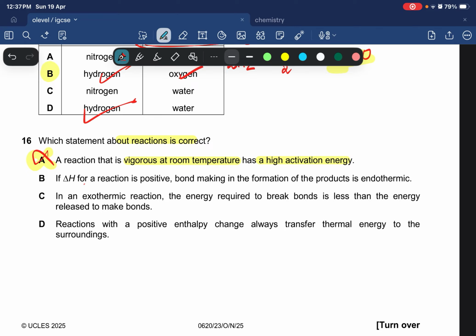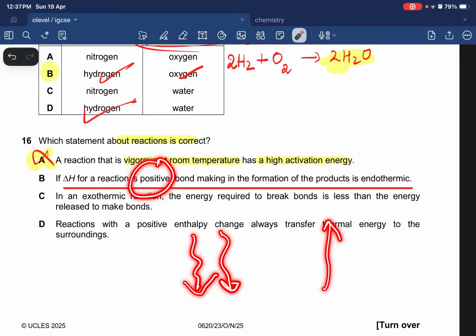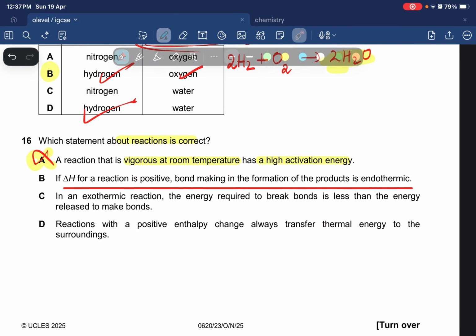If delta H for a reaction is positive, bond making in the formation of the products is endothermic. Okay, if delta H for a reaction is positive, that means more energy is utilized in breaking the bonds than the energy that's released when bonds are formed. But bond making is endothermic? Never.